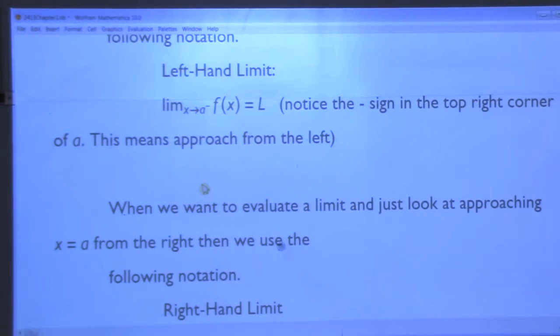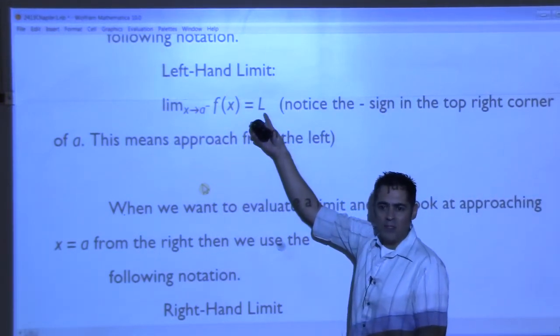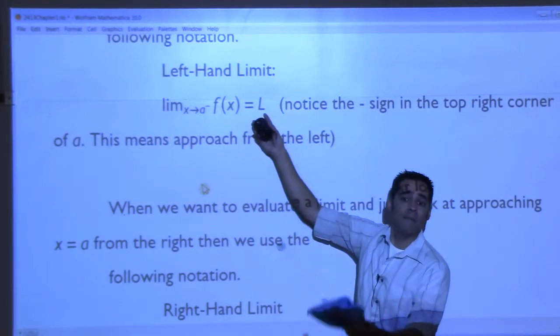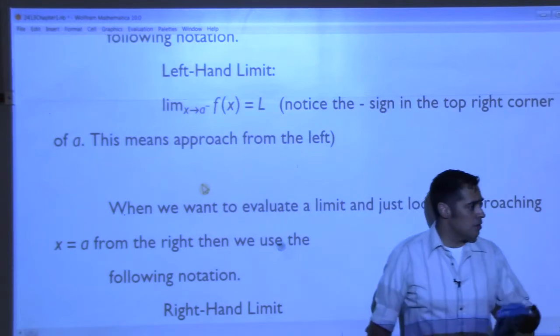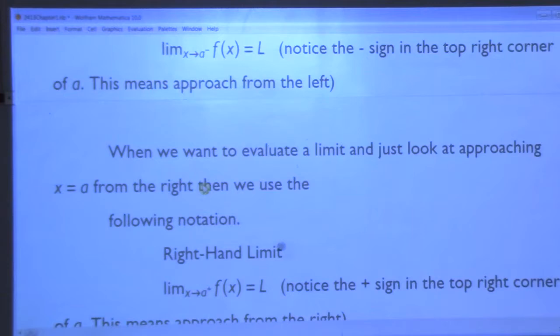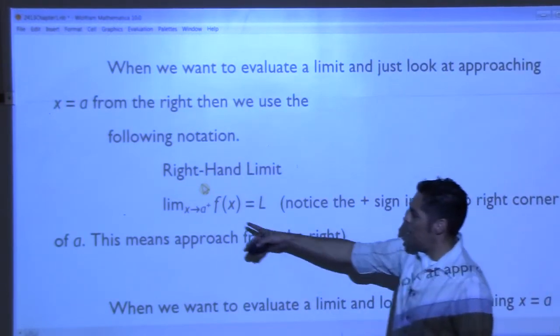It's the thing that we're approaching. So that answer could be 1, it could be 0, could be 8, could be 4, could be negative 0.25, could be infinity, and it also could not exist, right? Does not exist is a possibility. When we want to approach from the right, we use a plus sign.